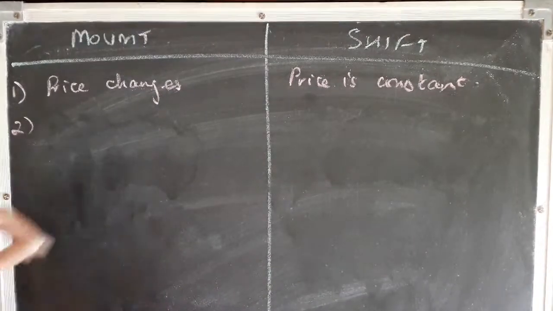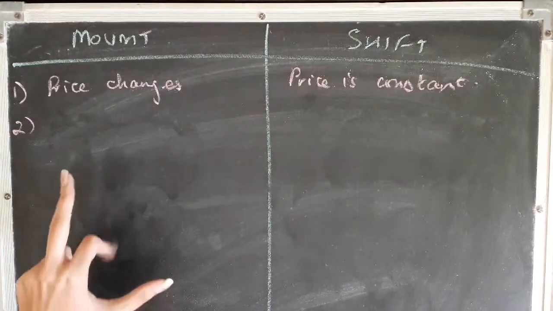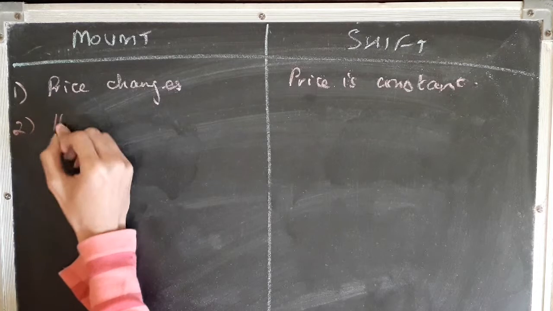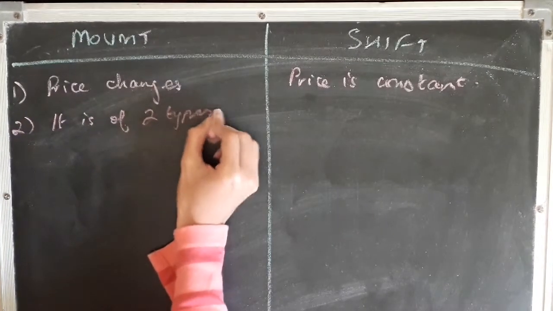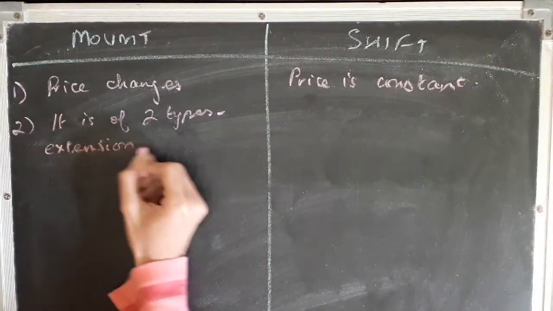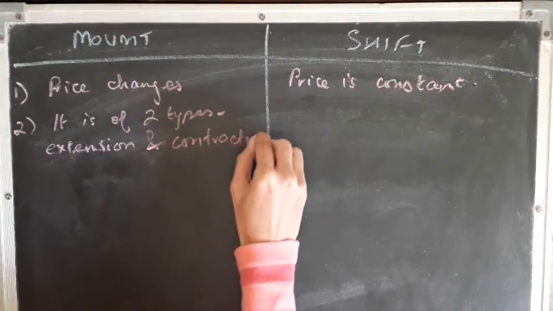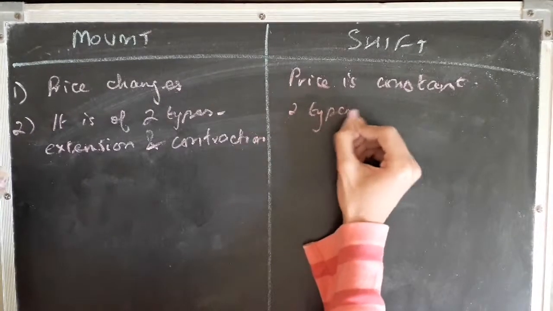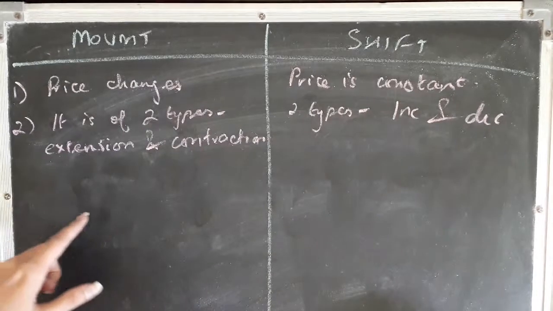The second difference is the difference in the two types. It is of two types, extension and contraction, and this is also of two types, which are increase and decrease.